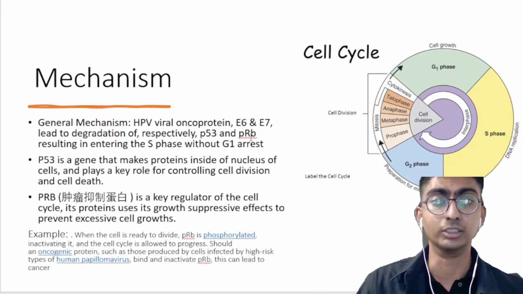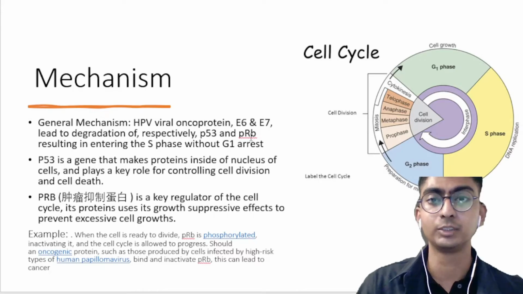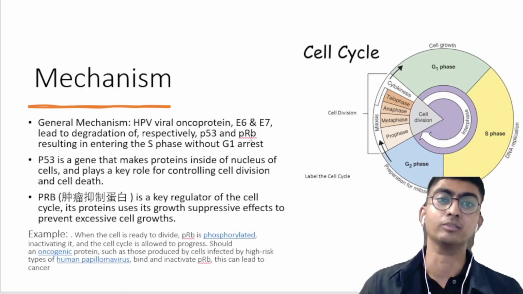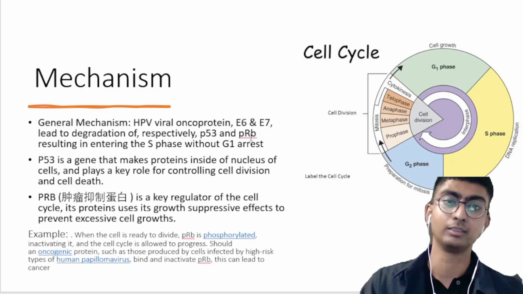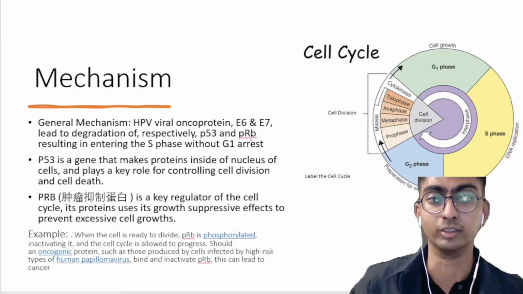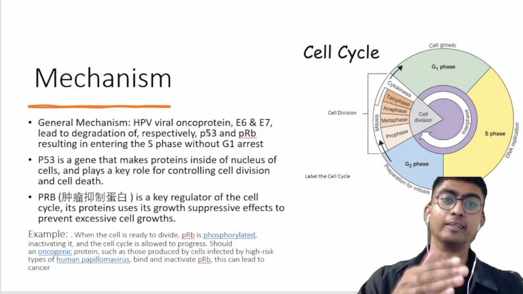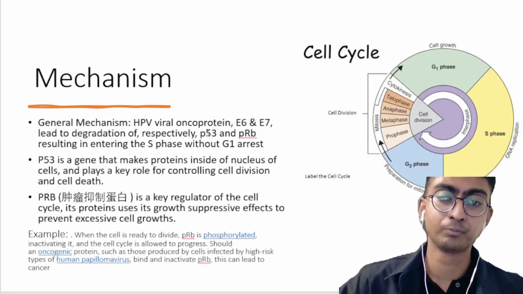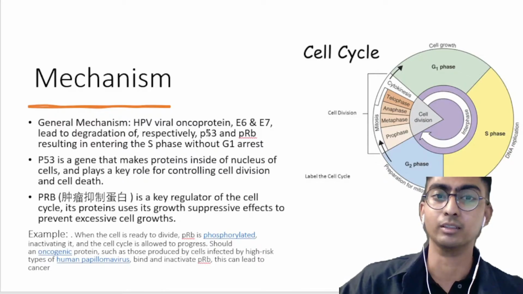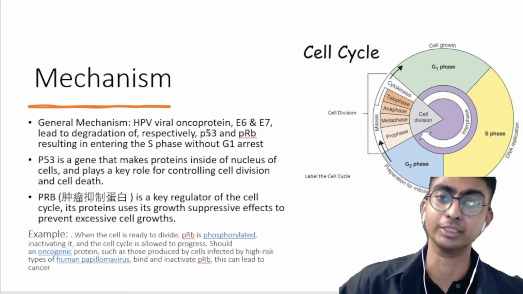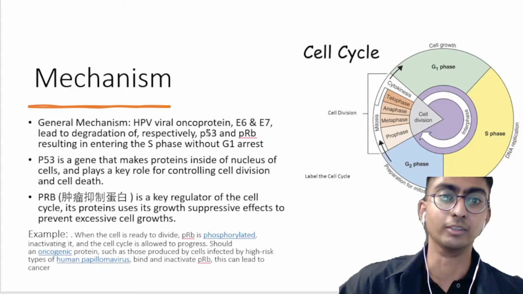They are very important genes found inside the cells. Almost all cells have these to help regulate and control the cell cycle and also prevent the formation of a tumor. So what E6 and E7 do is that they affect the function of these 2 very important suppressors and regulators, thus leading to the formation of tumors and cancers.